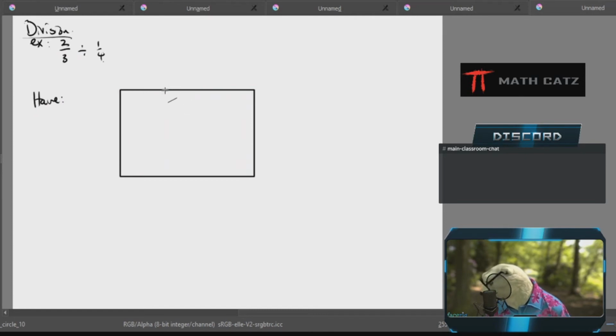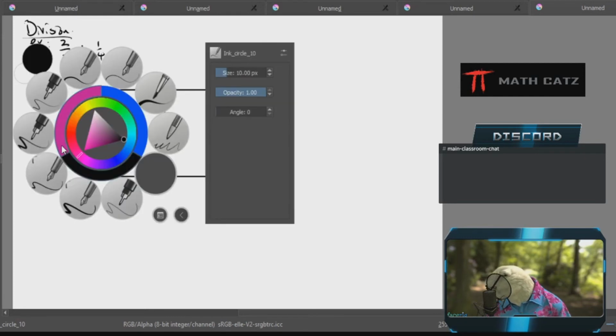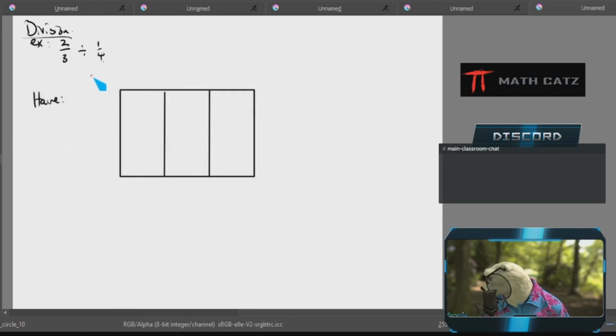So I'm going to go thirds vertically. This one can be a little tricky to keep track of. So the first time, I want the numbers to be decent. Hopefully this one could be.